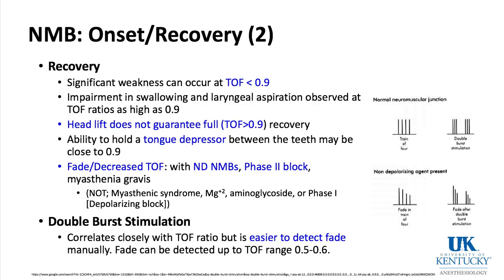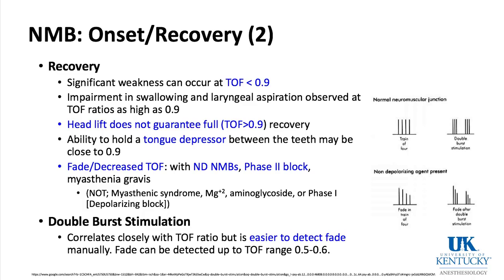Recovery: significant weakness can occur at even a train of 4 of less than 0.9. In the past, we used 0.7 or above, that fourth twitch to first twitch ratio, as saying they were fully recovered. Now we know that impairment in swallowing and even laryngeal aspiration has been observed at train of 4 ratios as high as 0.9.